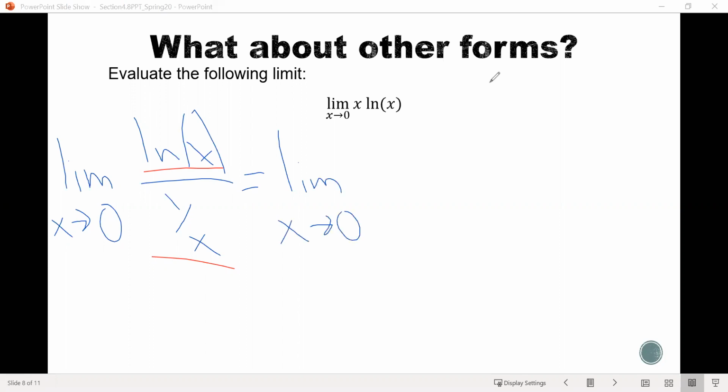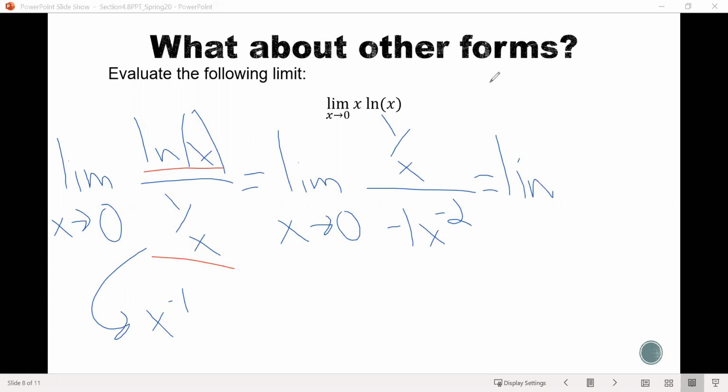On the top, the derivative of ln of x is 1 over x. Derivative of 1 over x, recall we can rewrite that as x to the negative 1. If I take the derivative there, I'll get negative 1 times x to the negative 2, which I can rewrite as the limit as x goes to 0 of 1 over x over negative of 1 over x squared.